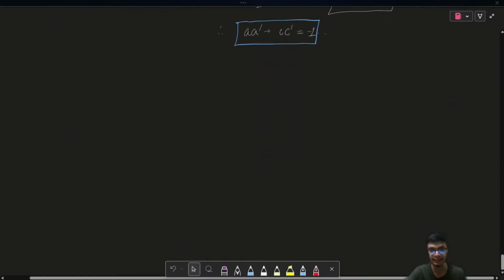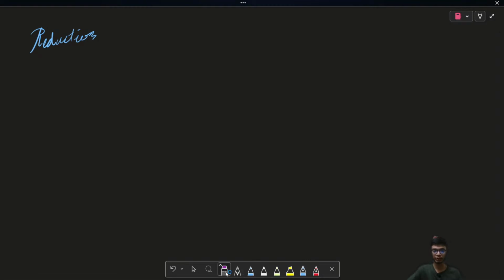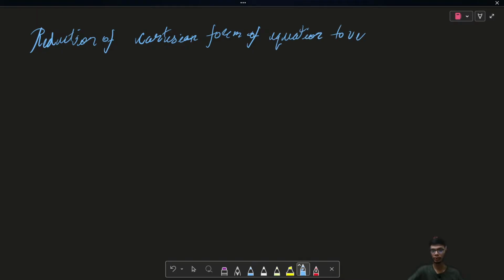In this particular lecture, we're going to start our discussion with another very important topic: how we can reduce the Cartesian form of an equation to the vector form and vice versa. So we're going to start with the reduction of the Cartesian form of equation to vector form and vice versa.